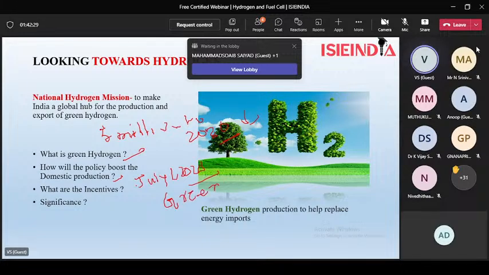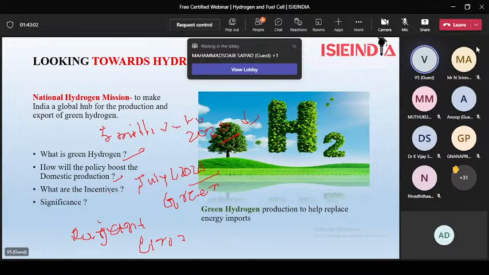So there will be no transmission cost. Suppose we have to supply energy from Rajasthan to Gujarat, between different states. For the transmission of this energy, there are many taxes, but under this scheme, no taxes or charges will be taken. But it should be related to green hydrogen production only.